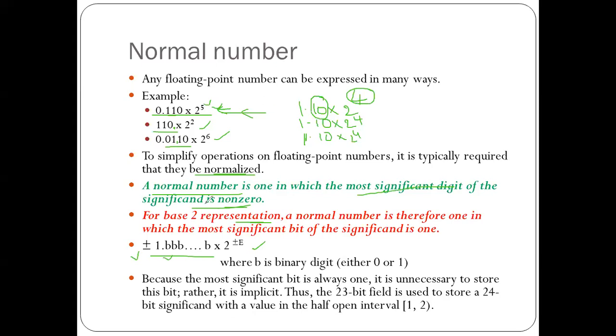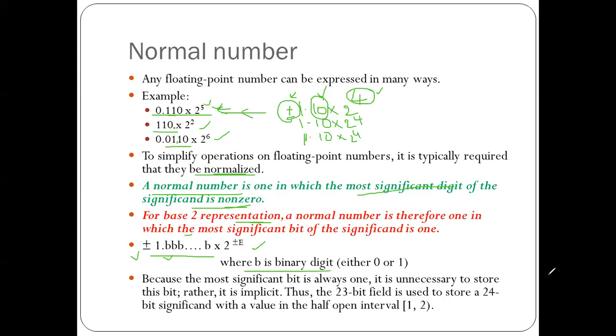Okay. And based on the value, whether it is plus or minus, that will take your most significant bit, where B is your binary digit here. So this will take 23 bits, and this is your true exponent to which you have to add the bias value to get your biased exponent, and that will be stored.